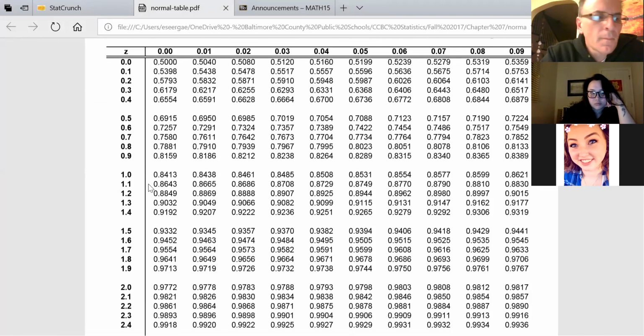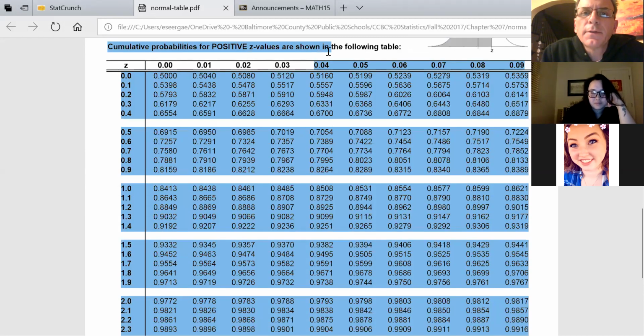Okay. We wanted to find the Z-score that was greater than 1.14. So I'm going to go find 1.14 on this table. So there's 1.1 right there. I'm going to highlight that. Okay. So there's 1.1, and across the top, there's my 0.04.